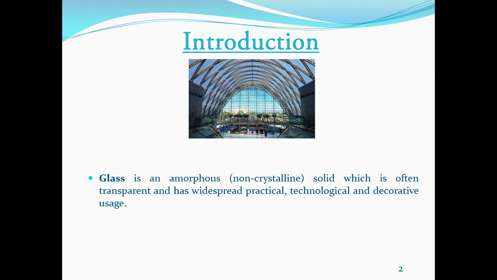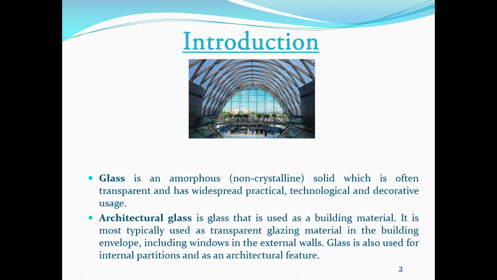Glass is an amorphous non-crystalline solid which is often transparent and has widespread practical, technological and decorative usage. So it is basically an amorphous solid, and it is usually used mainly for decorative usages. Architectural glass is glass that is used as a building material.